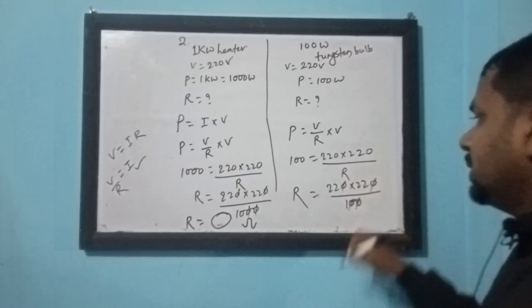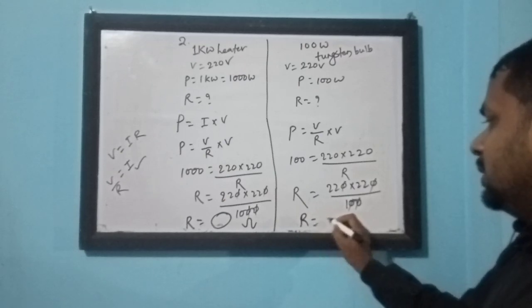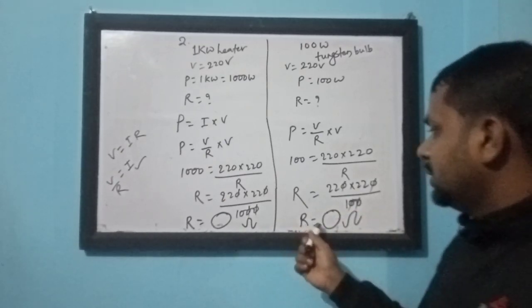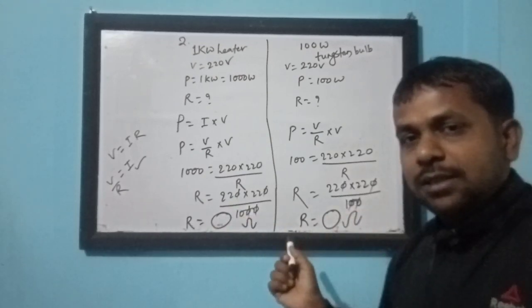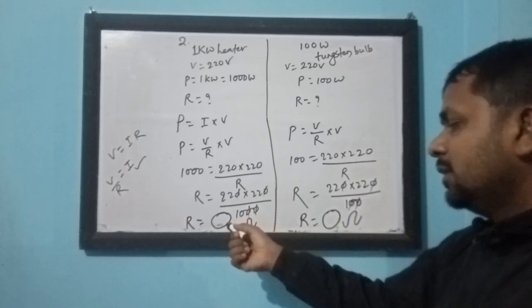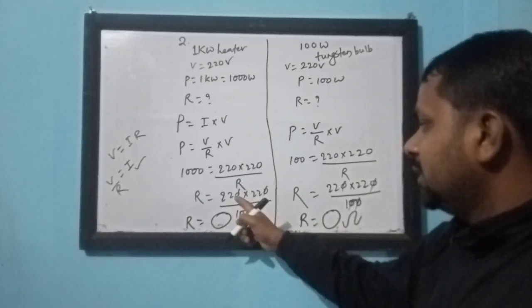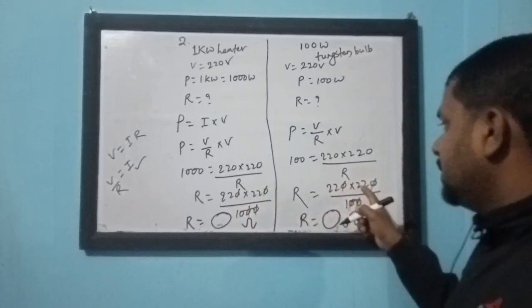Something will come here. R is equal to something ohm. After finding this value with a calculator and the other value with a calculator, you can compare which has more resistance. Here it is 22 into 22 divided by 10, and here 22 into 22 only.